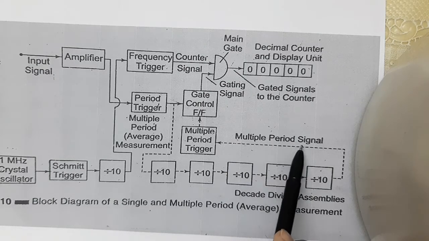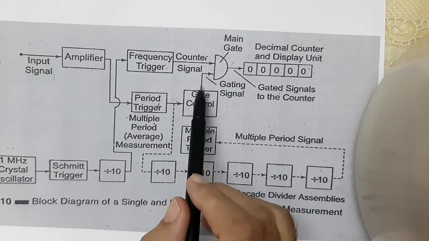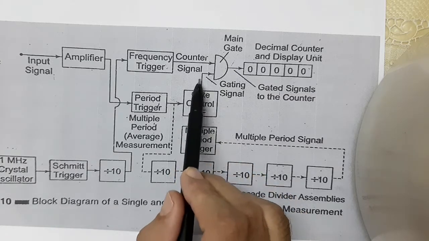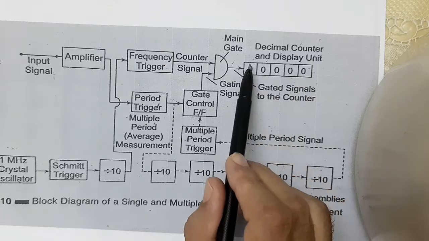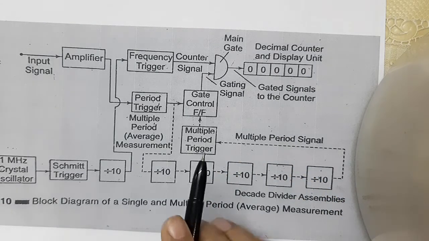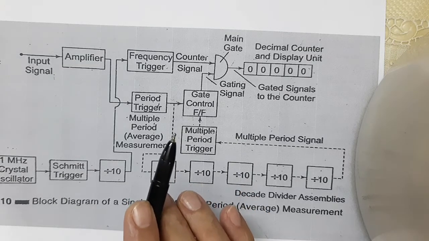This is our multiple period signal. It is given to the gate control flip-flop. If it is 0, the main gate is switched off. If both are 1, then the main gate signal is on, and we display the count. Here we can see the digital number.